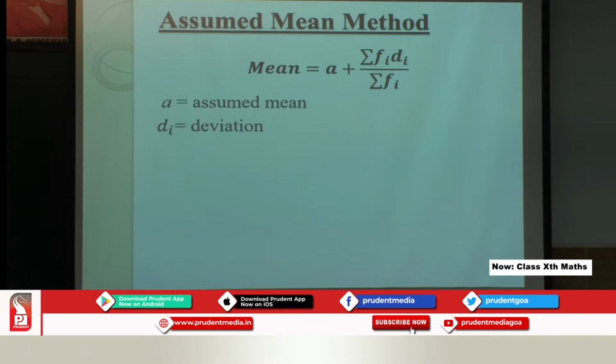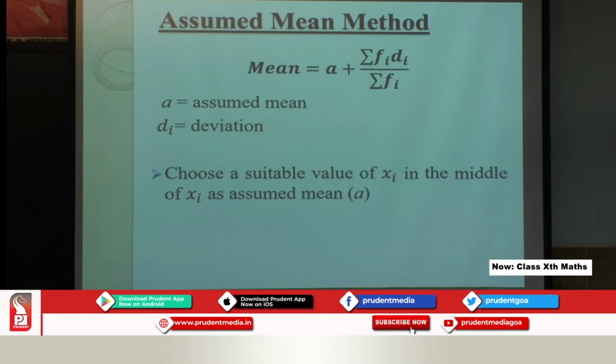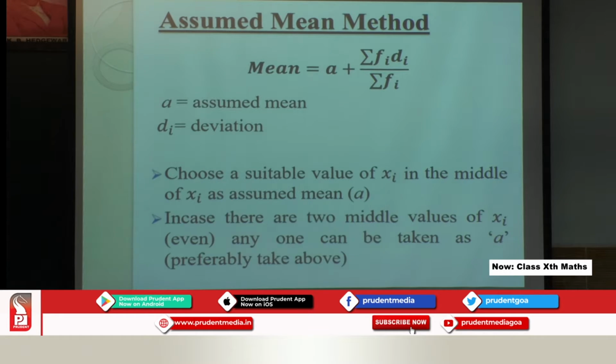Di, that is the deviation, is nothing but xi minus a. The point which I told you: choose a suitable value of xi in the middle of xi as the assume mean, which will be taken as a. And the second point is, in case there are two middle values of xi, any one can be taken as a, but take mostly the above one.